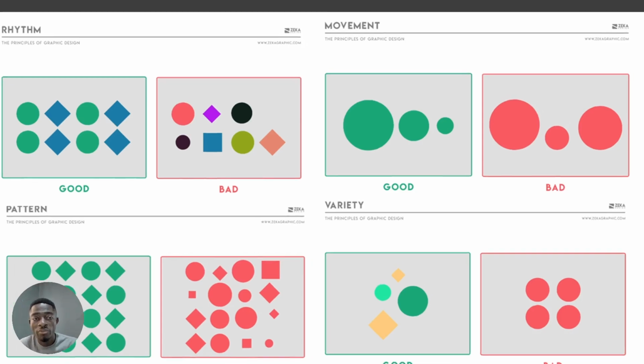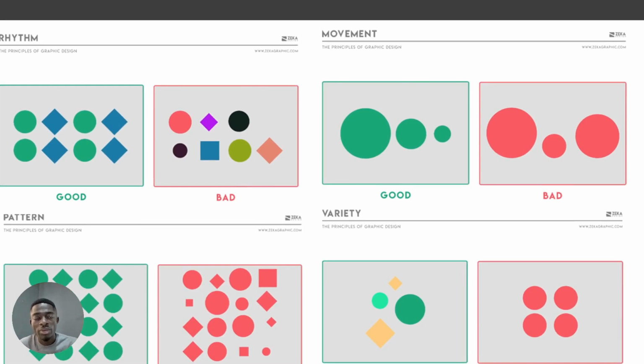You can use movement. How? Let's say you are creating a magazine, you may have one box at the left, a smaller box in the middle, then the last box at this end. And what's that doing? That's trying to let our eyes be directed towards the things we are looking at. With movement you can sometimes use shapes.